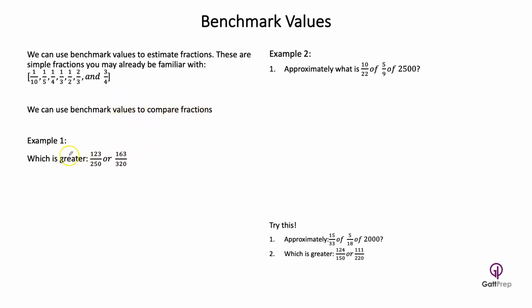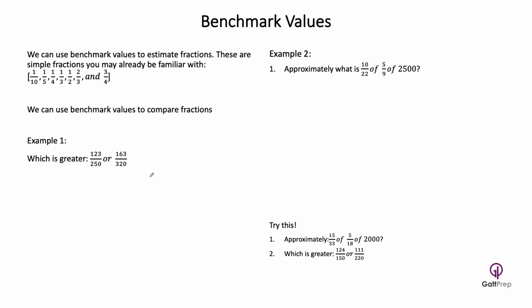Okay, so we have this example right here, and it says which is greater, 123 over 250 or 163 over 320. If you see this question on the exam, remember you cannot use the cross multiplication rule to solve.